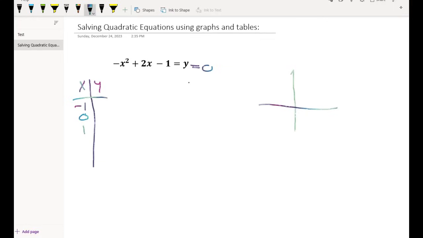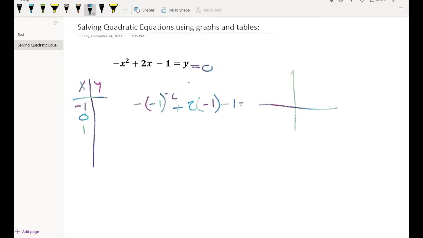So we have minus 1 times minus 1 squared plus 2x, which is 2 times minus 1, minus 1 is equal to what?